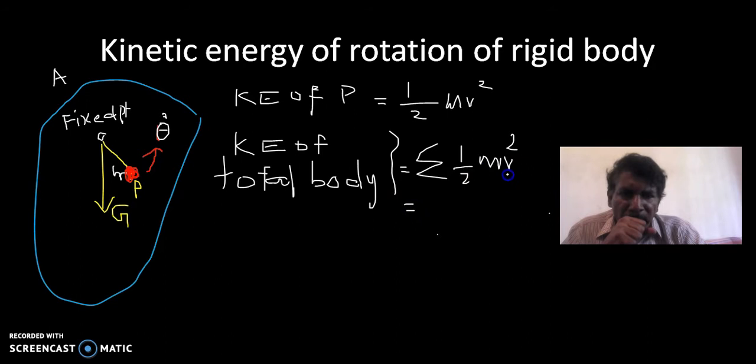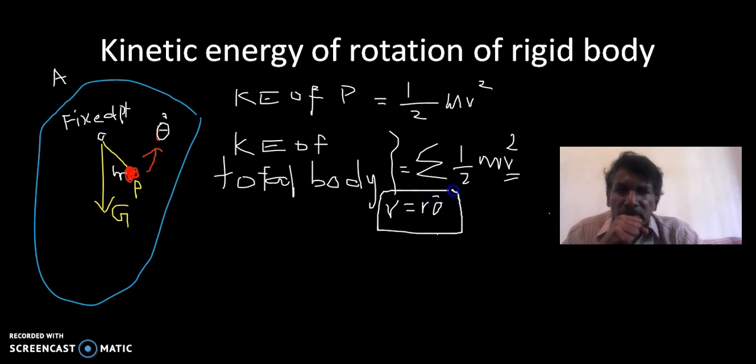Now the velocity: v is equal to r into theta dot. That is the velocity.